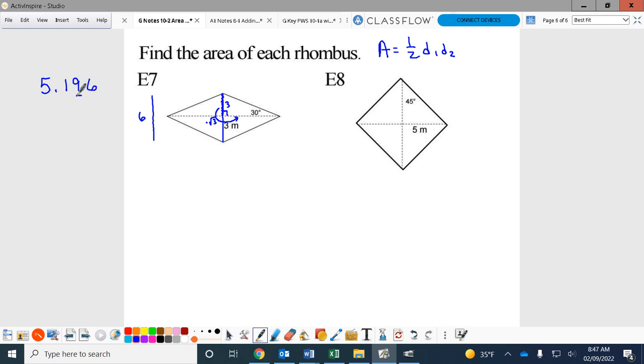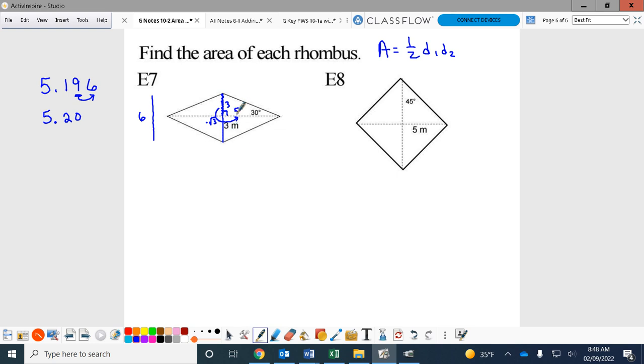The only problem is when we try to round this one to 2 decimal places, a 9 with a 6 after it is going to have to round up. So what's it actually going to round to? 5.20 or 5.2. I would write 5.2, but 5.20 because it goes from 5.19. The one number up from 19 is 20. So it's going to be 5.2 here.